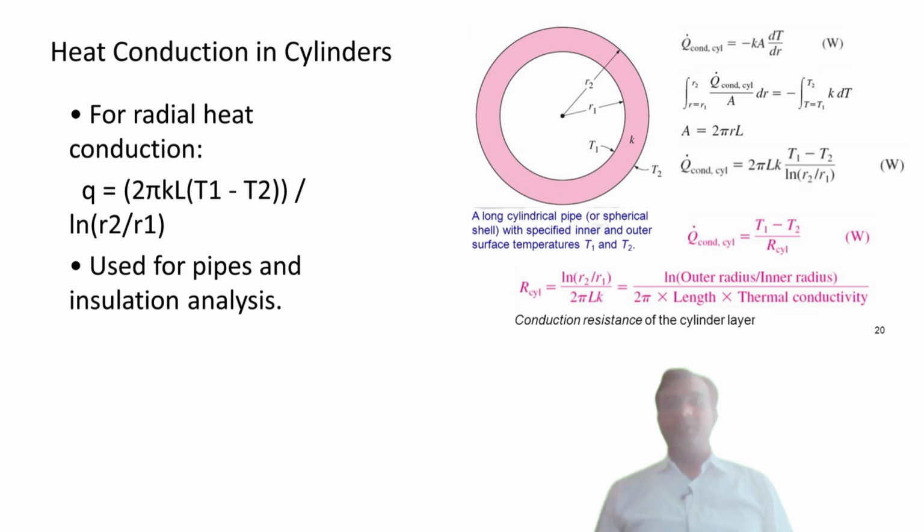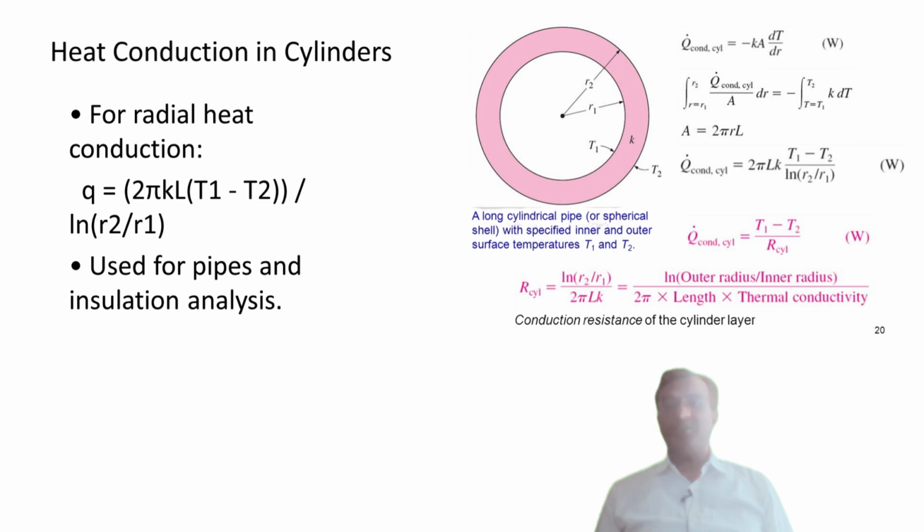The term natural log of R2 divided by R1 accounts for the radial geometry as the heat flows outwards or inwards through concentric layers. The thermal resistance for a cylindrical layer is given by R cylindrical equals natural log of R2 divided by R1, divided by 2 pi L k.